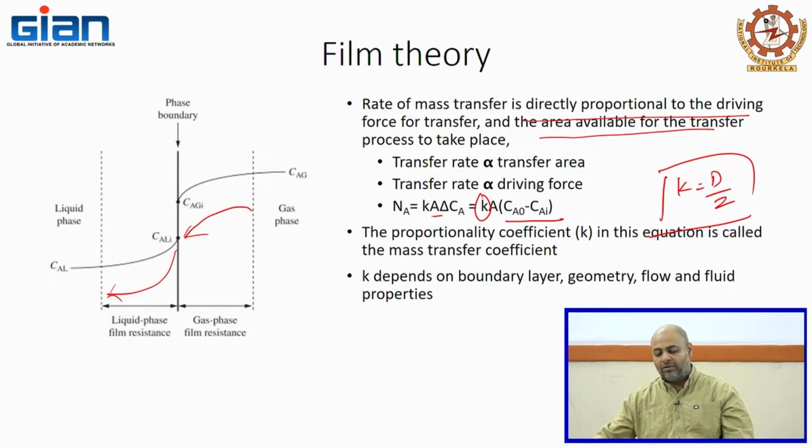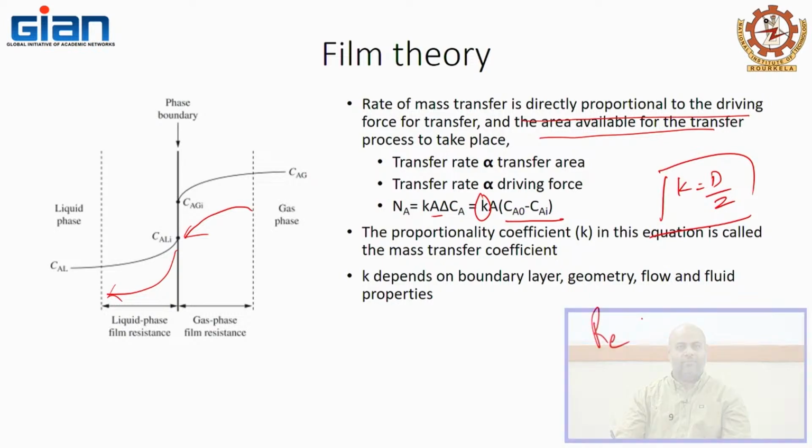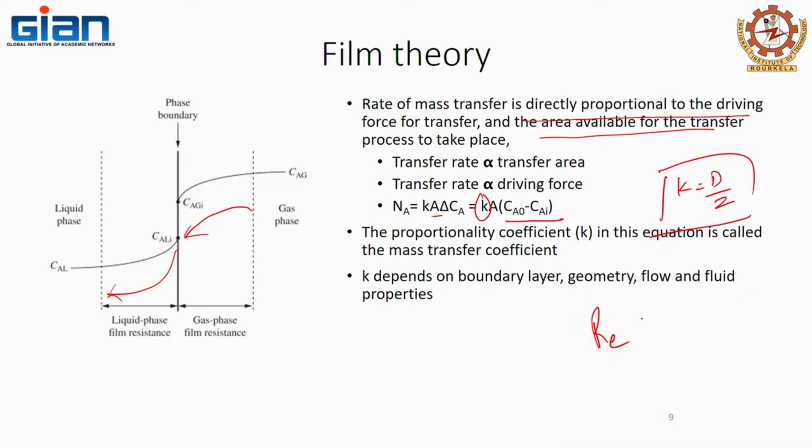The K depends on the boundary layer, the geometry, the flow and the fluid properties. Why? Reynolds number and Schmidt number are involved, right. So, Reynolds number is going to give you all the fluid properties.